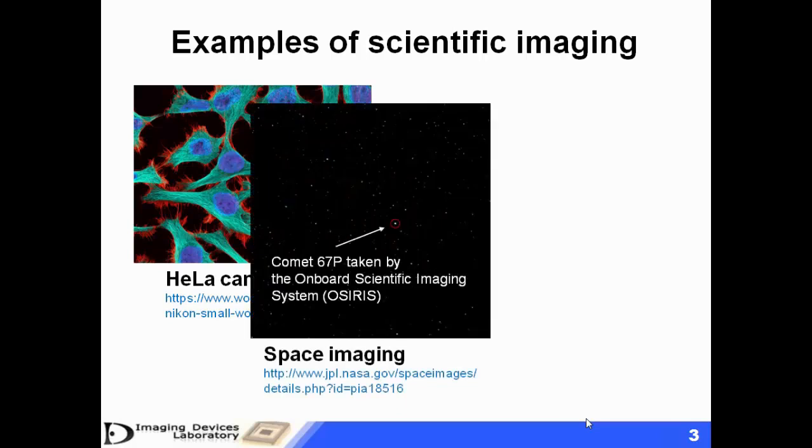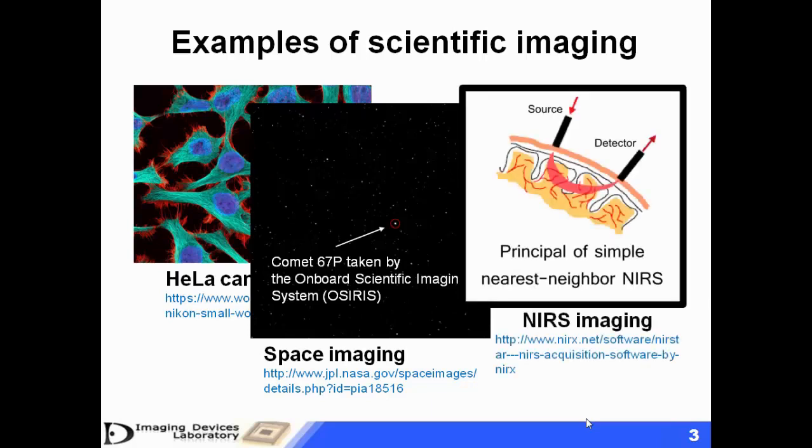This image is taken by NASA's scientific imaging system, so-called OSIRIS. It also requires high sensitivity, and especially a wide spectral range. And the third is NIRS imaging, which means near infrared spectroscopy.